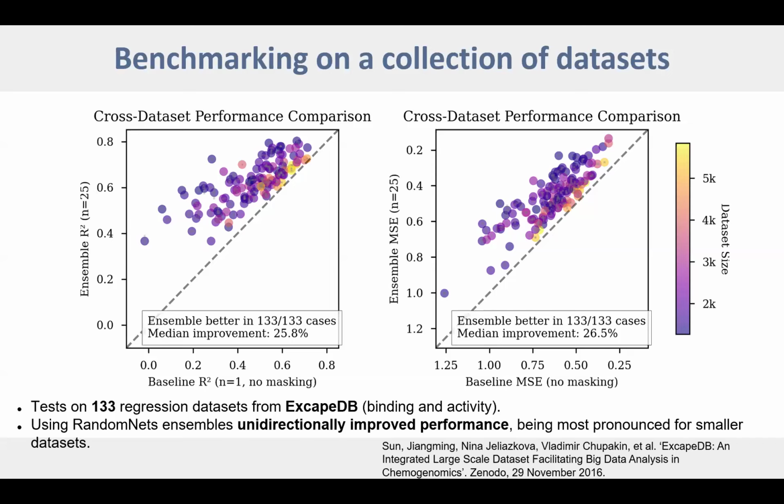There I could see that in actually all of the cases, it seems to be a better idea to use the ensemble approach than a single model. The effects seem to be more pronounced for the smaller data sets, whereas the larger ones, lightly colored in yellow here, are closer to the unity line between the two approaches.